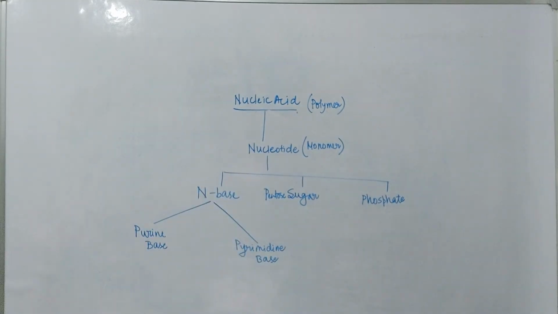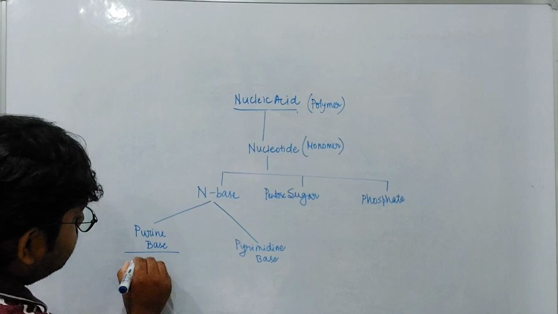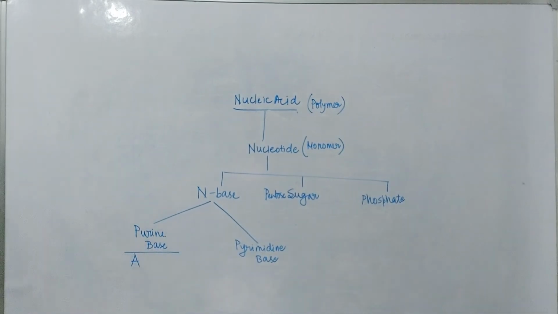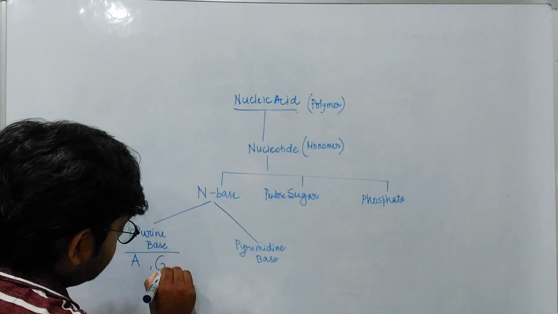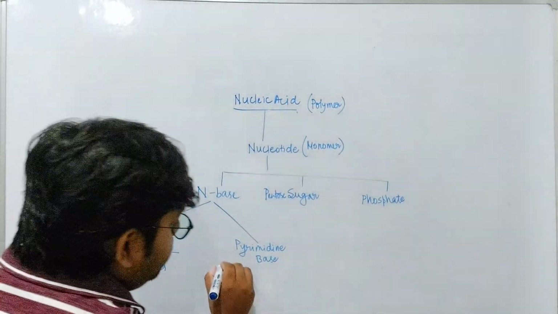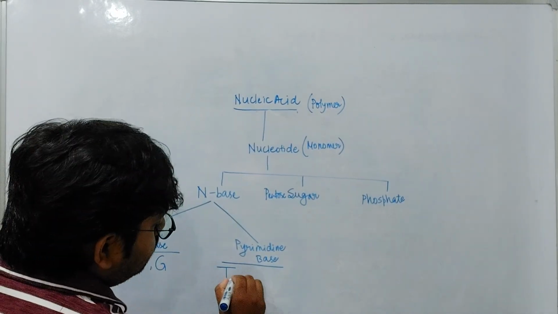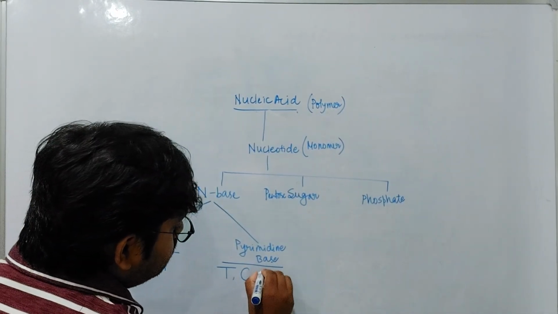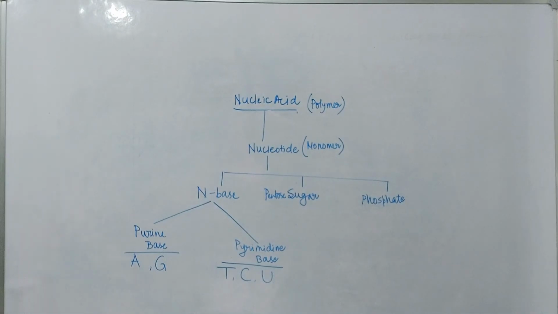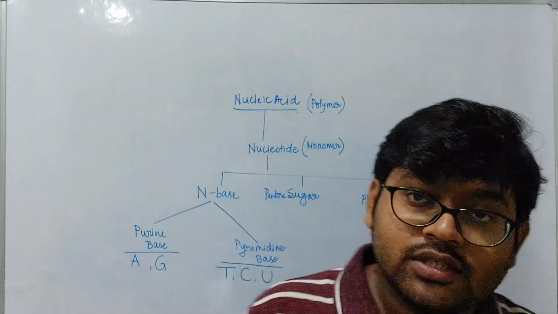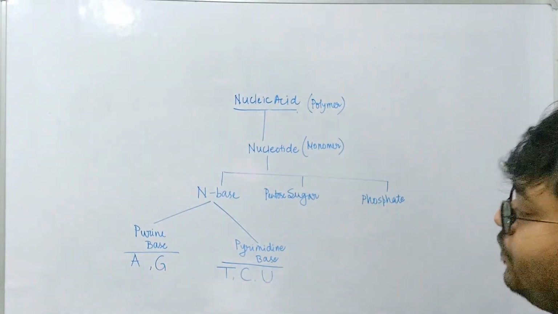Purine bases are adenine and guanine. Pyrimidine bases are thymine, cytosine and uracil. How they look, what their structures are, everything I am going to discuss now.